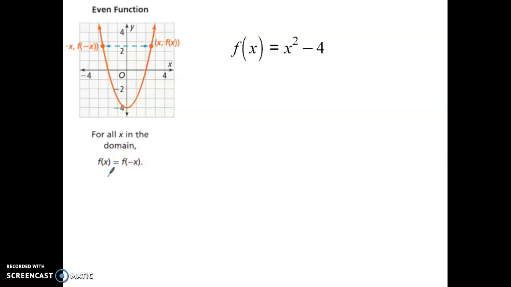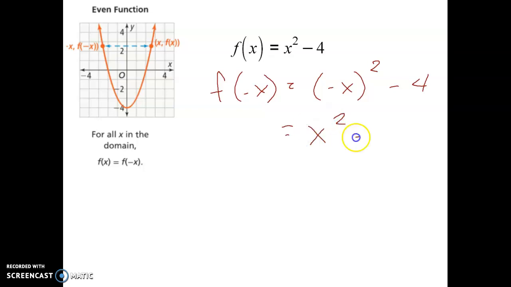So let's check this one out. This particular one is f of x equals x squared minus 4. And I'm going to test f of negative x. So I'm going to put negative x in place of x. Well, negative x squared. Squared means multiply by itself. Negative x times negative x, a negative times a negative is a positive.